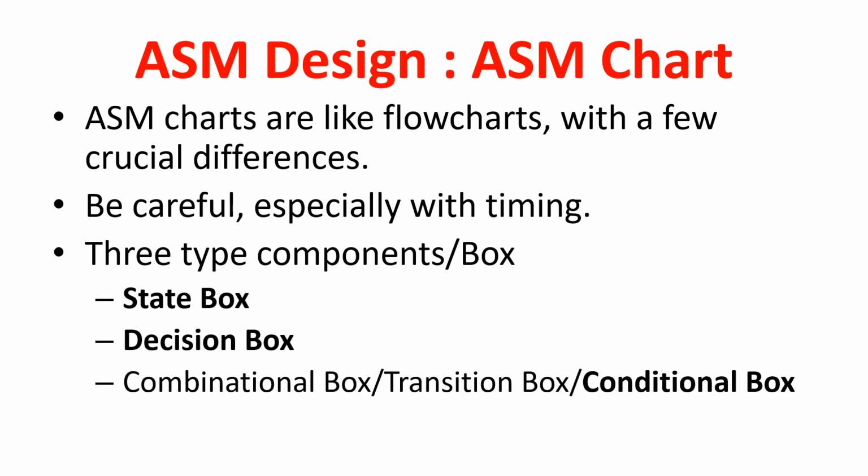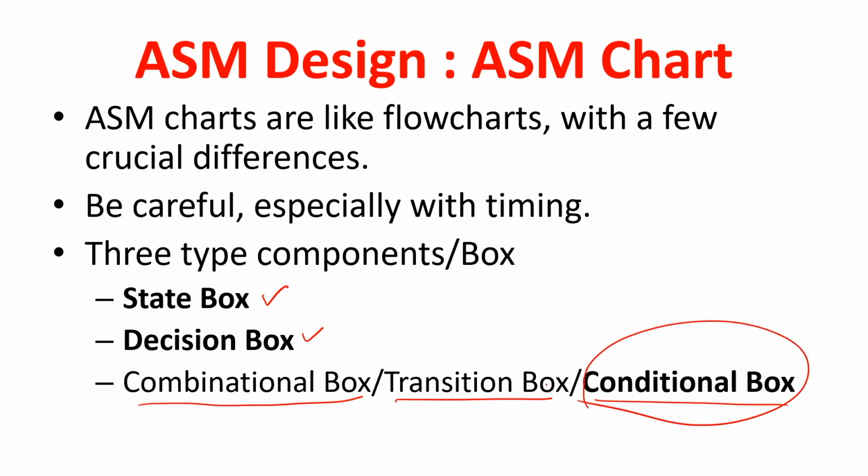There are three types of components or boxes we use in ASM design. One is the state box, the other is the decision box, and the third and most important box is the combinational box, or transition box, or we say conditional box. So, we will term it the conditional box.